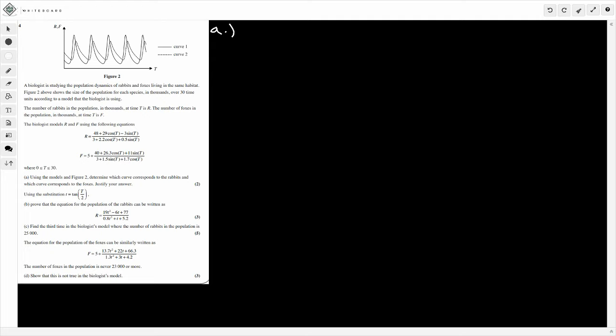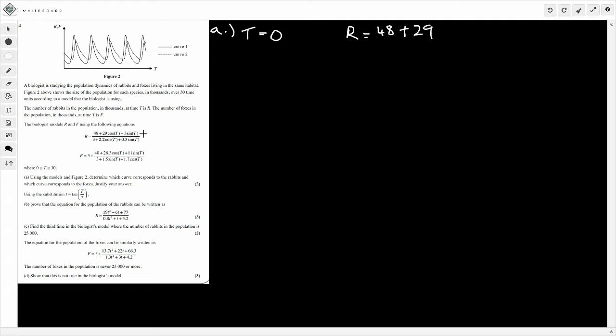So let's do that. t is equal to 0. Plugging these in, r will be equal to 48 plus 29 cos 0 minus 3 sine 0, and so on. If you don't know off the top of your head, cos 0 is 1, so that's plus 29 times 1.